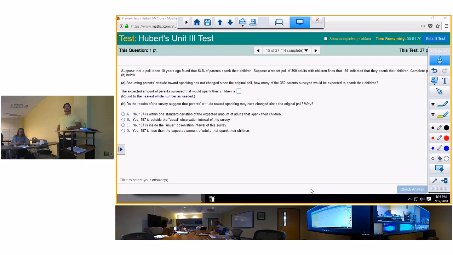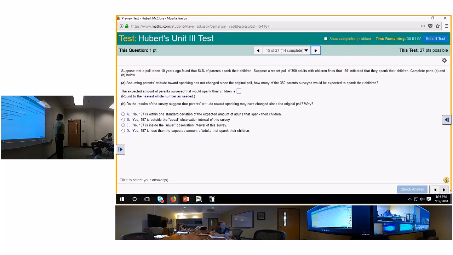Suppose a recent poll of 350 adults with children finds that 197 indicated that they spanked their children. Complete parts A and B below.